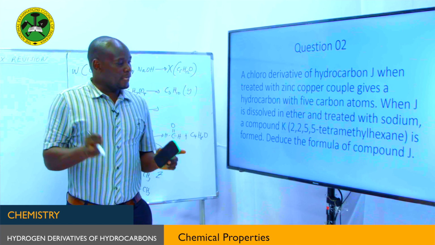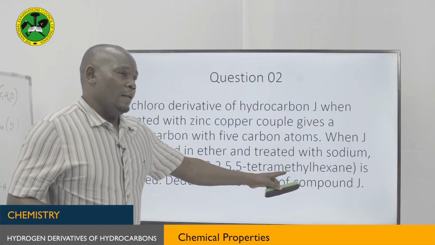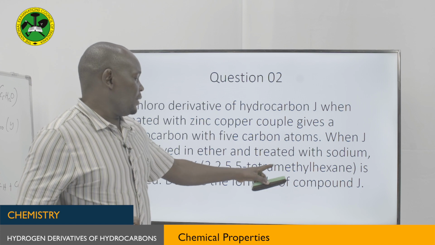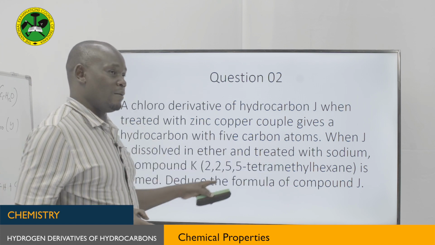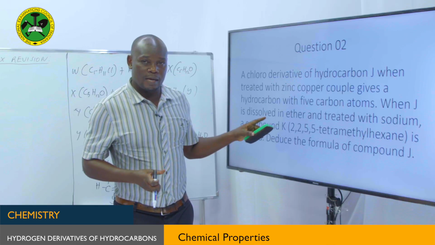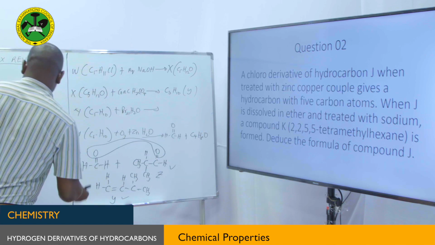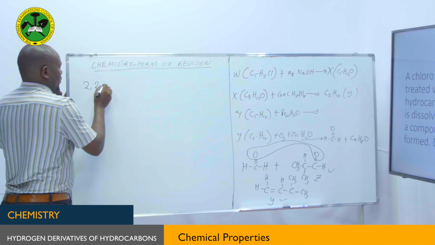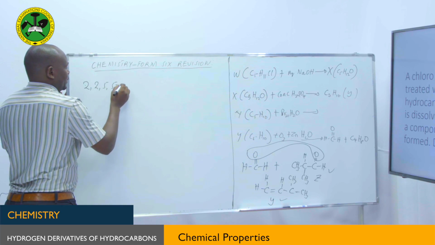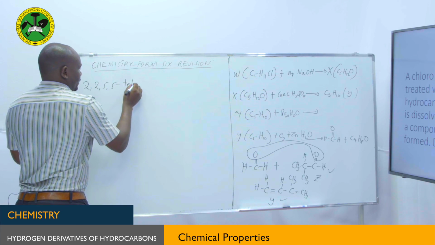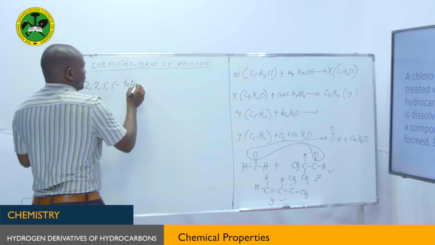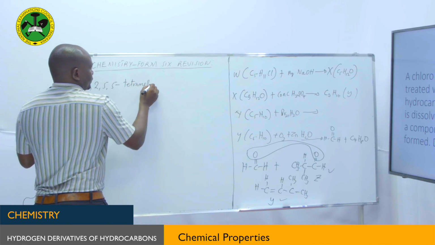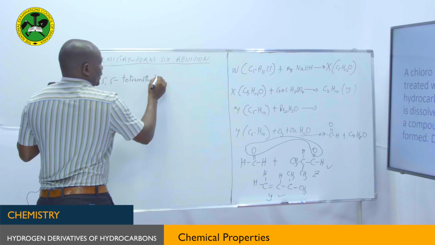So you just write the product which is formed after the reaction between sodium and that haloalkane in dry ether. So the product is 2,5,5-tetramethylhexane.